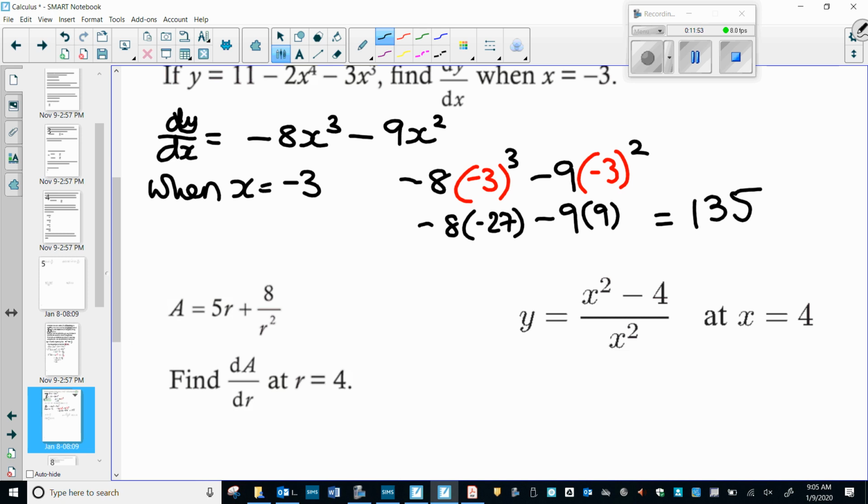Here we have an A at the front, and this expression is to do with R, so we write dA dr. That's the only difference, what it's called. We want to find the value of dA dr, in other words the rate that A is changing with respect to R, specifically when R is 4.